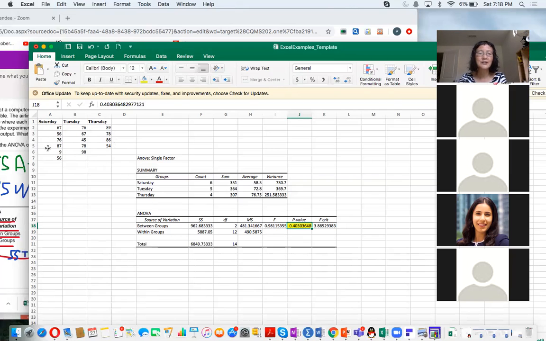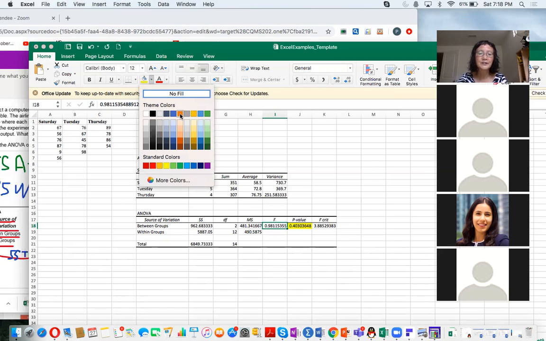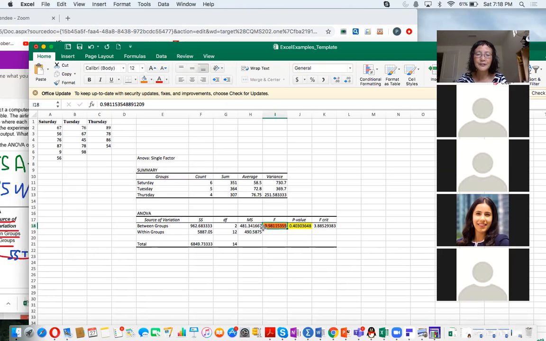In other words, these three population means are the same or similar. This is the p-value method. And if you want to use the test statistic, F is 0.98 and the critical value is 3.88. This test statistic is not in the rejection region. Do not reject H0. Same conclusion as the p-value.